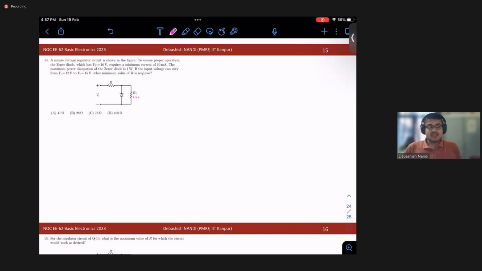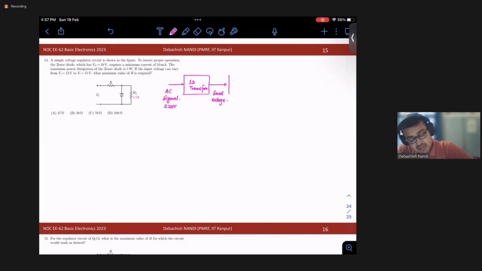Or let me put it another way. Suppose you have an AC signal of say 220 volt, and you want to rectify it. What will you use first? You will first use a step down transformer to reduce it to some small, manageable voltage level. Then you will use a rectifier.